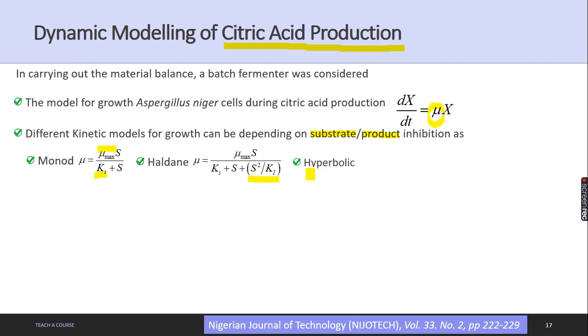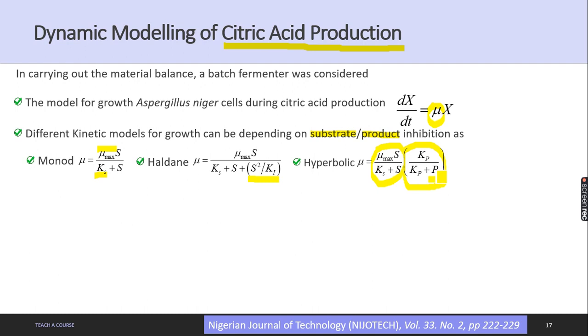The hyperbolic model includes both terms. The first term is the Monod growth, but it is associated with another product inhibition term, kp divided by kp plus p. If the product, that is citric acid, is at high enough concentration, it inhibits the growth.